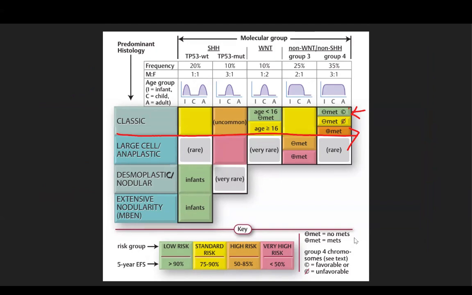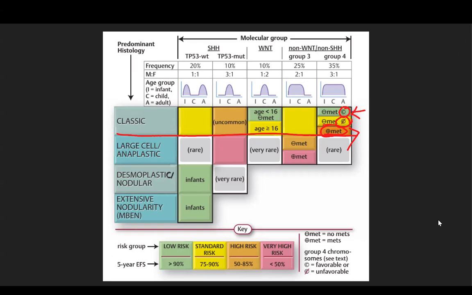Did you all notice this small c that Greenberg conveniently placed here? And then we have the standard risk where we have no mets, but also no chromosomal findings. And then we have high risk group where we have mets. Okay? We have finished the first row, which was the classic histology and probably the hardest ones. Rest of them are a piece of cake.